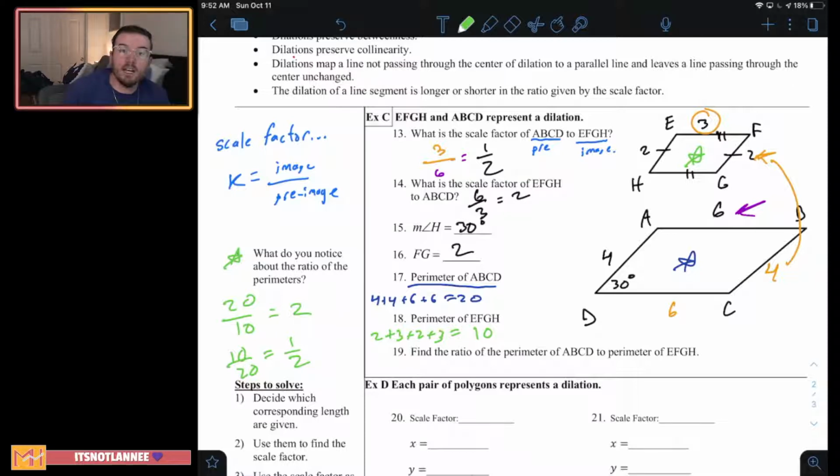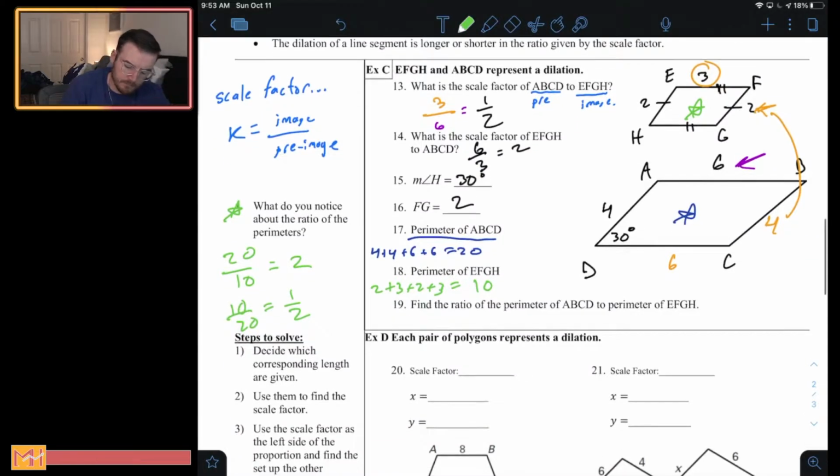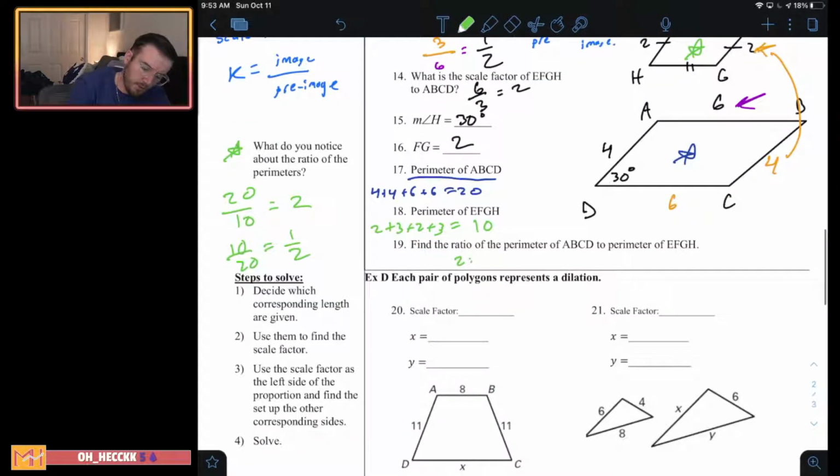But because perimeter is deeply connected with length, if the length of the sides changes, then of course the perimeter is going to change along with it. So if the length of the sides doubled, then that should mean that the perimeter is going to also double. They're one and the same essentially. 2 to 1 or 1 to 2, whatever you want to call it.